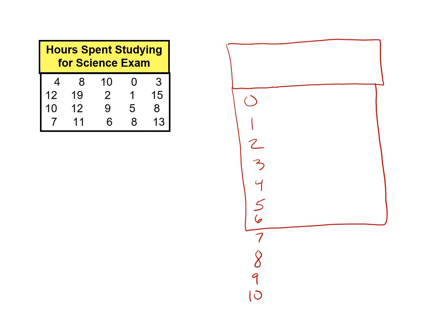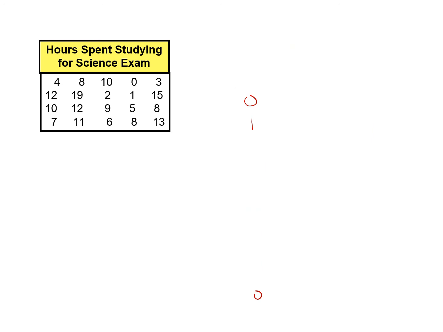Okay, I'm getting more room, looks like. So let's do it this way. So I got 0, 1, 2, 3, 4, 5, 6, 7, 8, 9, 10. Was there 11 on the list? Yes, 11, 12. I saw 13. I don't see a 14 and a 15.